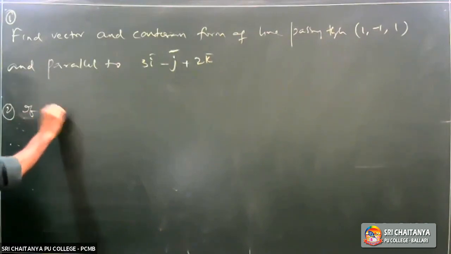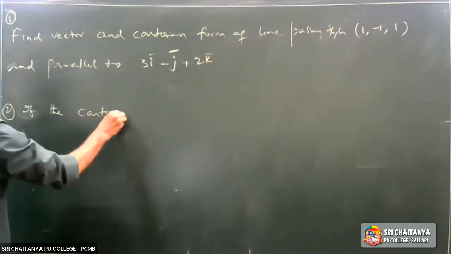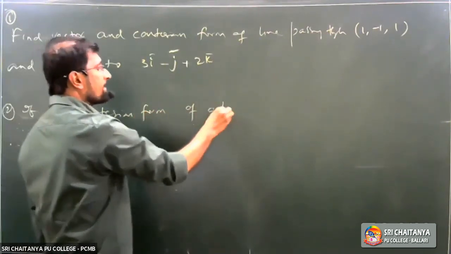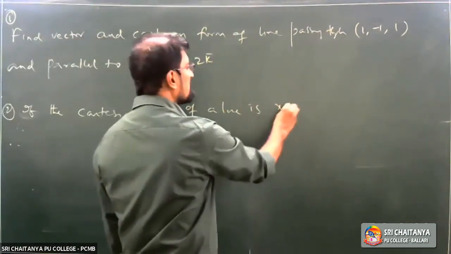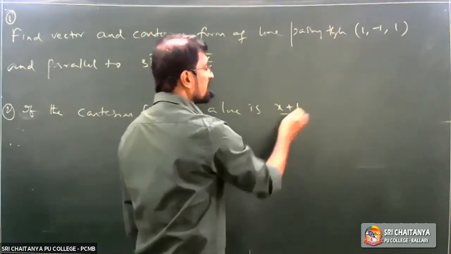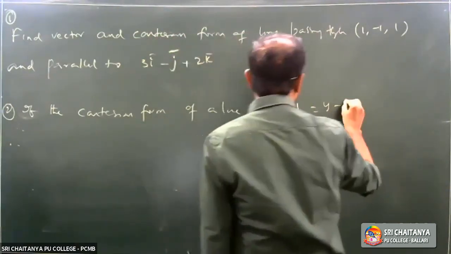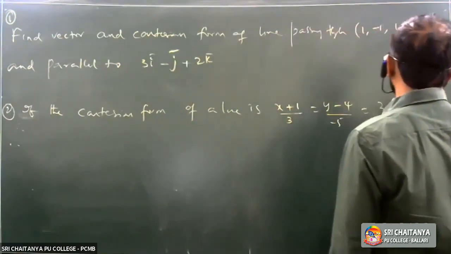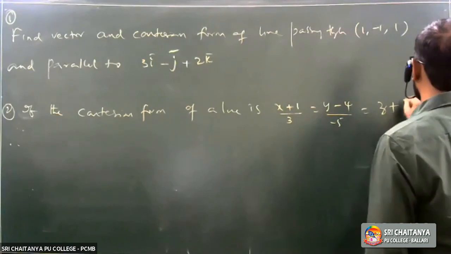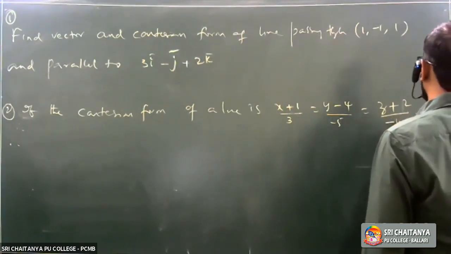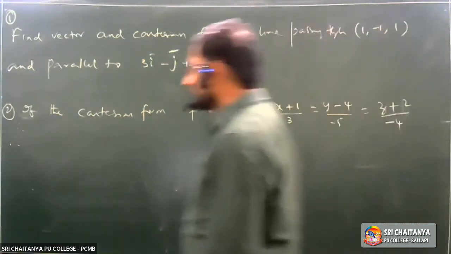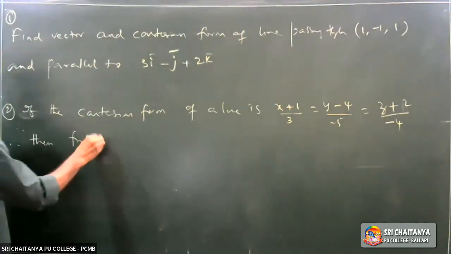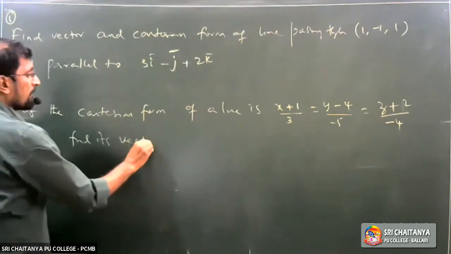If the Cartesian form of a line is x plus 1 by 3 is equal to y minus 4 by minus 5 is equal to z plus 2 by minus 4, then find its vector form.